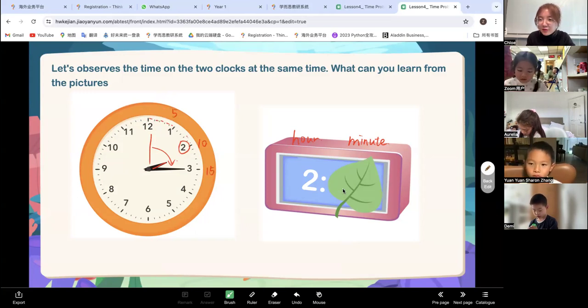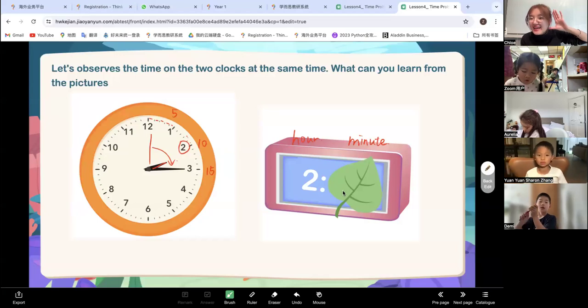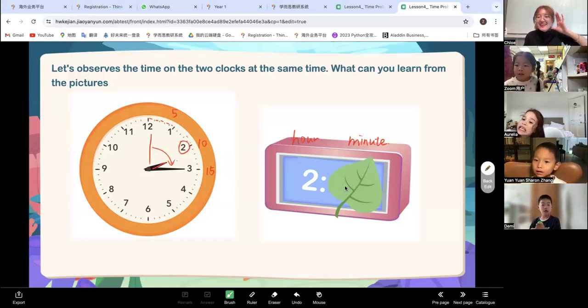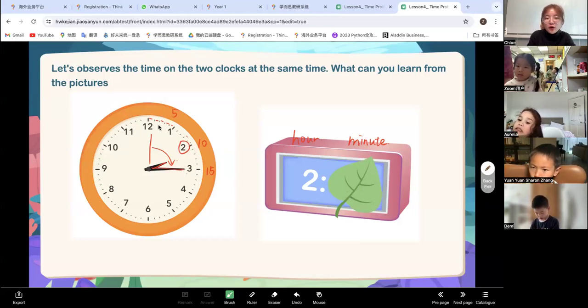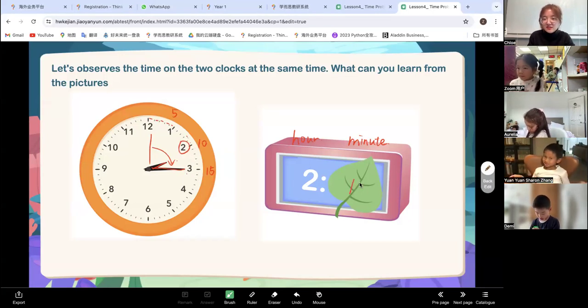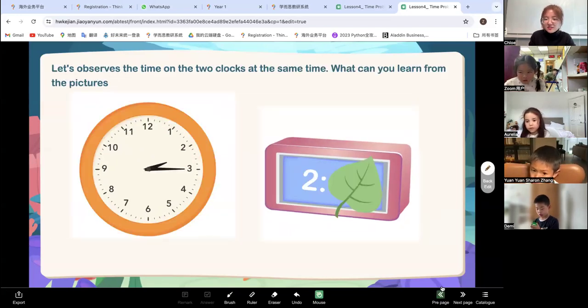So what's the minute, everyone? 3, 2, 1. The minute is 15. Very well done. It's pointing to 3, and we know from 12 to 3, there are 15 smaller sections. So that's 2:15.